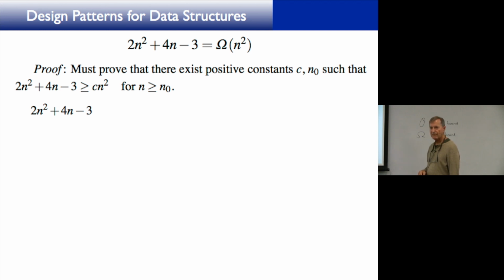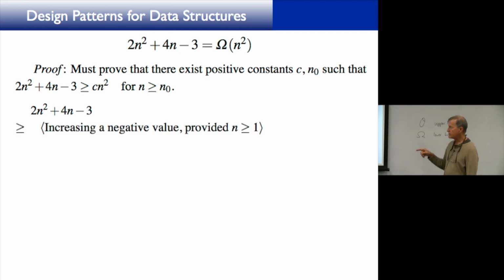So we can multiply it by n. So the reason we say 2n squared plus 4n minus 3 is greater than or equal to 2n squared plus 4n minus 3n, because we're multiplying 3 times n, and provided that n is greater than or equal to 1, we're making that a more negative value.